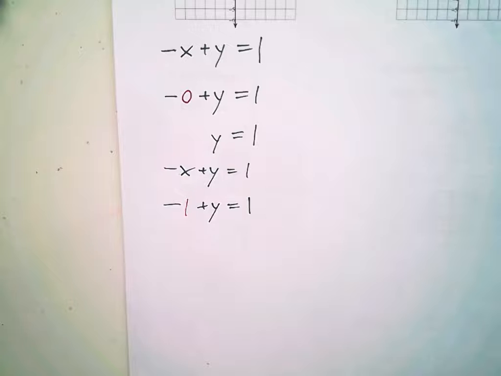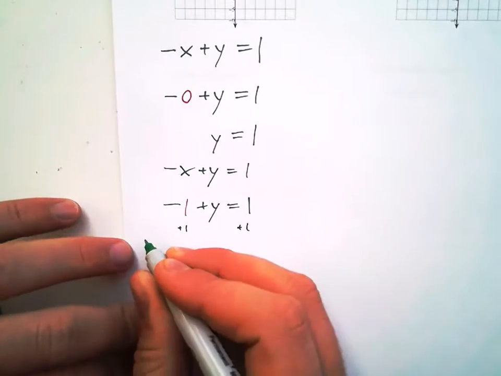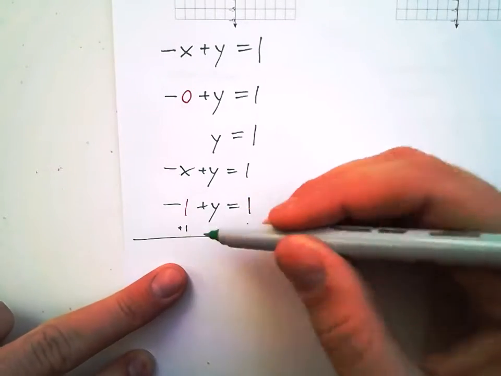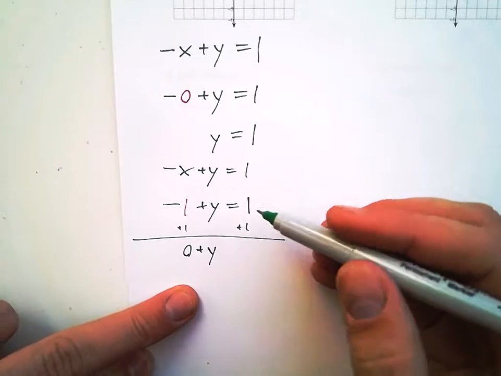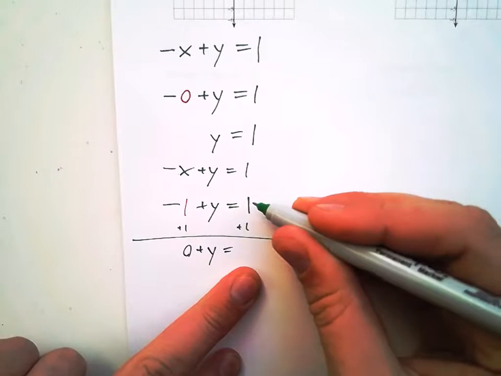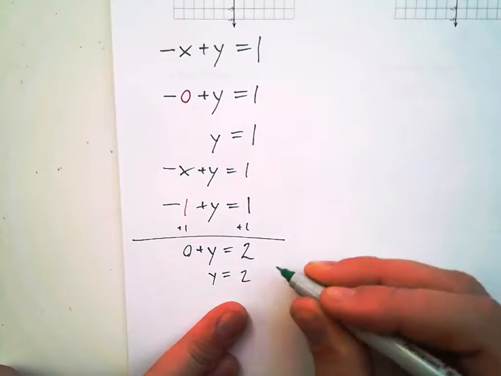Now we got to solve that and find y. So I'm going to add 1 to both sides. Negative 1 plus 1 is 0. Plus y equals 1 plus 1 is 2. y equals 2.